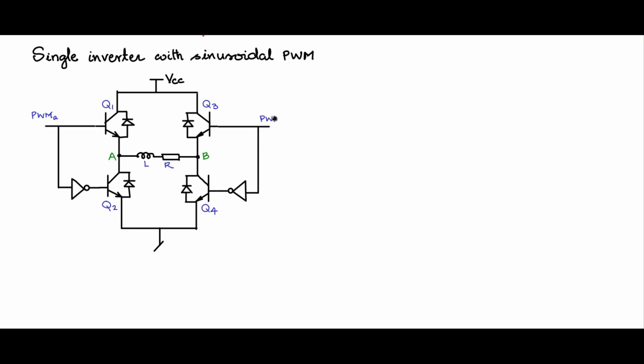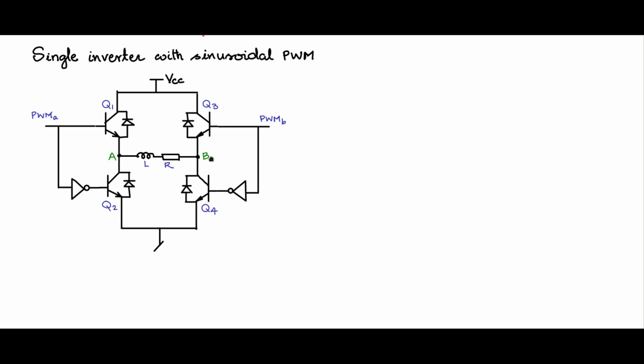So you can say this is PWM B. Now how do we get this PWM A and PWM B, and how do we get the sinusoidal PWM pattern across the center arms of the bridge, voltage VAB? So let us have a look at that.